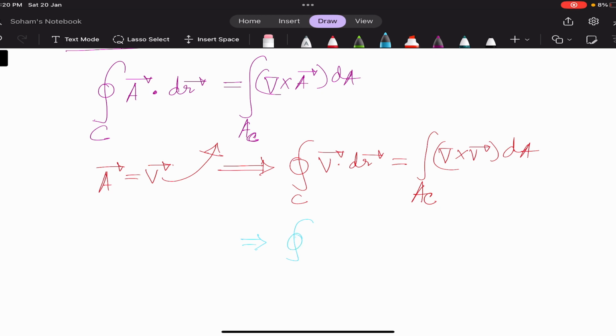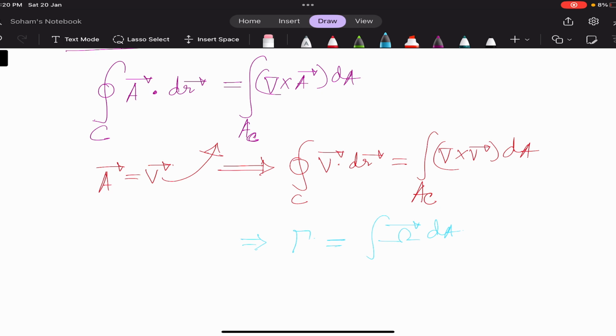So this is directly the circulation, and that is equal to the integral of the vorticity vector dA. So this dA area is also a vector.